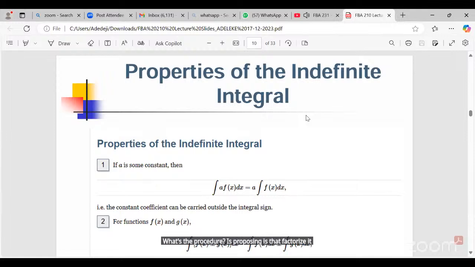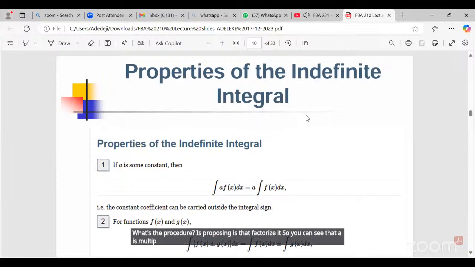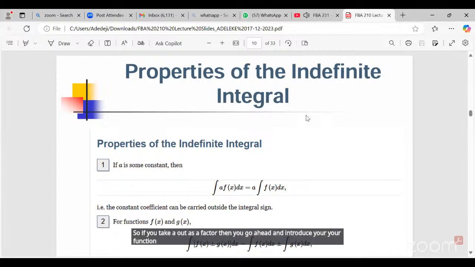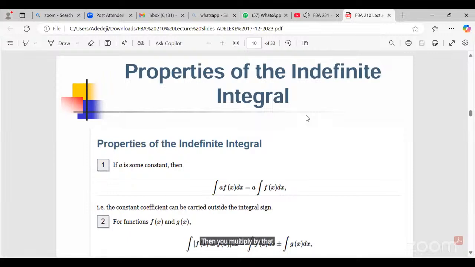So you can see that a is multiplying the function f of x. If you take the a out as a factor, then you go ahead and integrate your function. After the integration, you multiply by that constant a. You have your integration concluded.